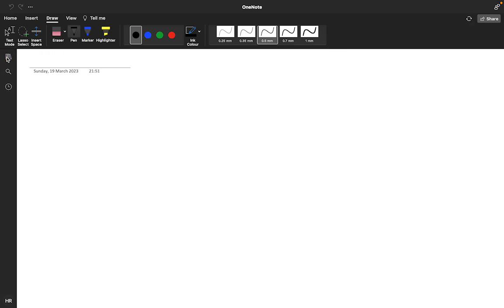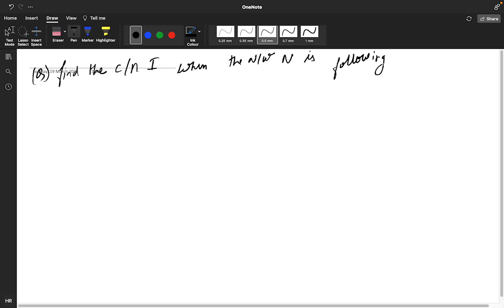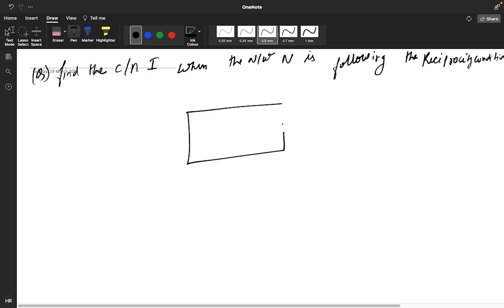Now write a question, so that you understand it. Suppose you need to find the current. The question is: find the current I when the network N is following the reciprocity condition. This is your network.